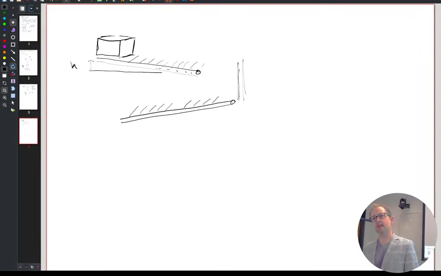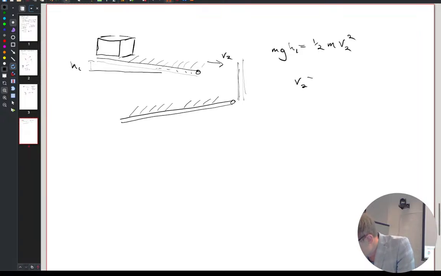We assume that it's ideal, then we could just set up mgh equals one half mv squared. So then the m's go, and we've got v is root 2gh.